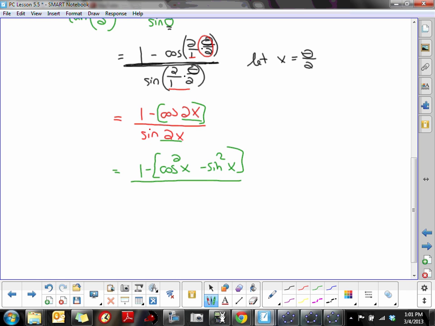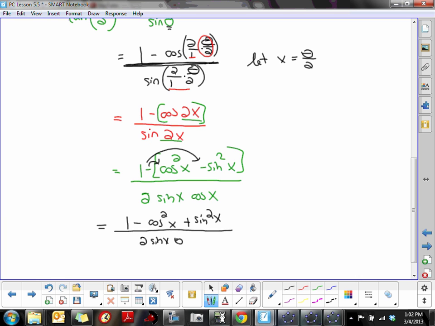And then sine of 2x, so that's going to be 2 times the sine of x times the cosine of x. And then I have a choice of what order I want to go in. So I guess the first thing I'm going to do is distribute the negative. So it's going to be 1 minus the cosine squared of x, then plus sine squared of x all over 2 sine of x times the cosine of x.